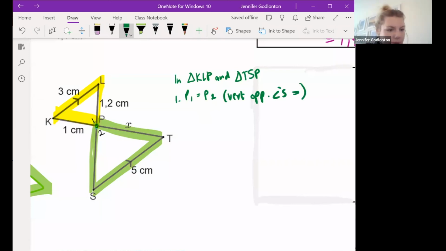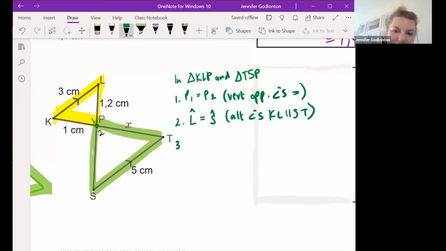Reason 2. The next one that I saw that was really good was that angle L is equal to angle S because of alternate angles when KL is parallel to ST. Reason 3.